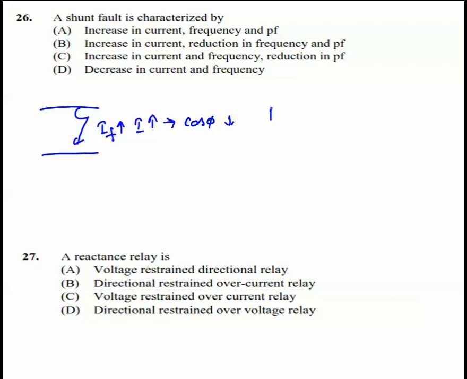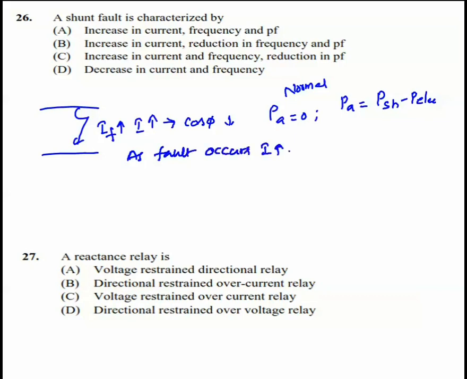Normally at equilibrium the accelerating power is 0. During the fault condition we have acceleration as well as deceleration. During abnormal conditions, PA is equal to the shaft power minus the electrical power. As a fault occurs, the current increases, so the electrical power increases, and the overall effect is a decrease in accelerating power.